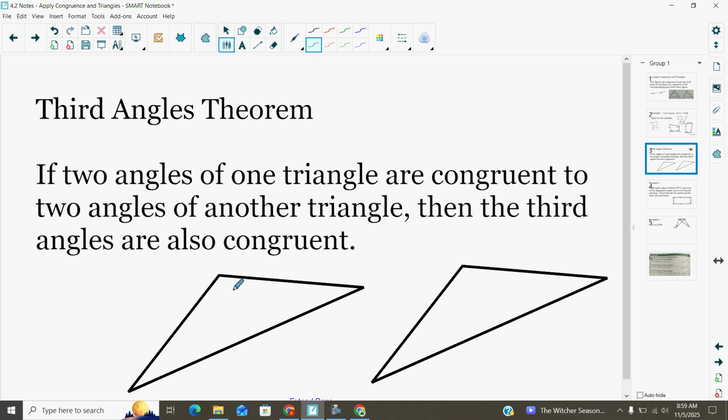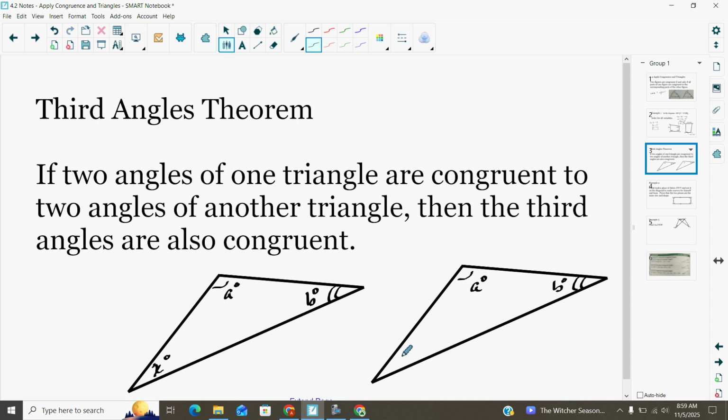And we could prove it algebraically as well. So I know that this and this are the same. Let's call that A. And if that's A, we know this one here is A. And we're told that a second angle is the same on both. Let's call that B. And because those are congruent, this one over here is B as well. And we're trying to show that this third angle has to be the same on both. But let's assume that they might not be the same.